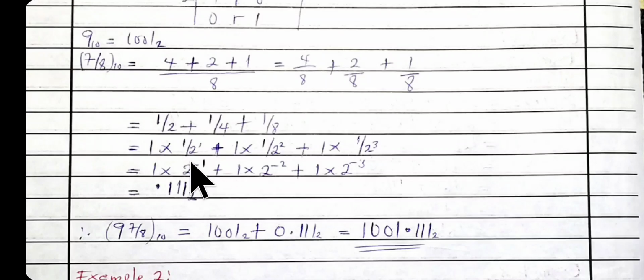If you don't understand this, look up the video where I explain this. Plus this 1 times 2 raised to power minus 2. Because 1 all over here means minus, so with 2 raised to power 2, the minus will come in between. Plus this 1 times 1 all over 2 raised to power 3 is the same thing as 2 raised to power minus 3.